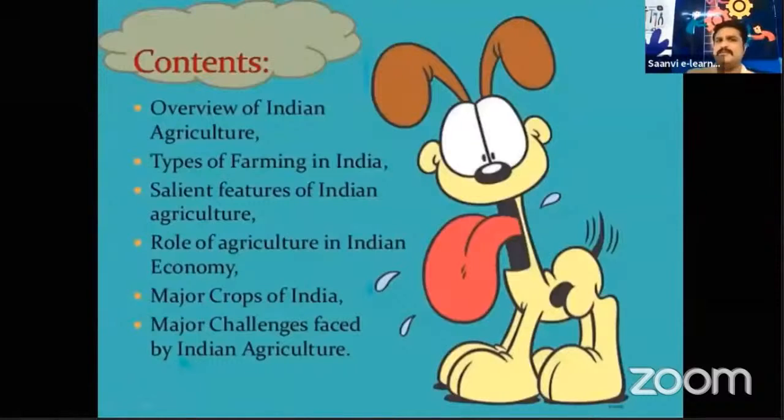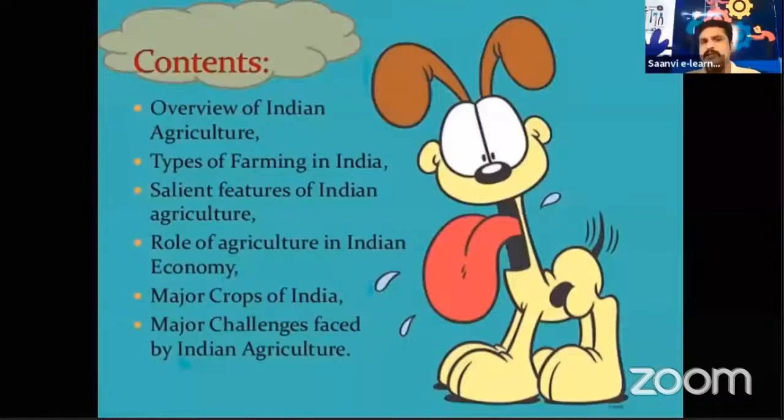Some content here: overview of Indian agriculture, types of farming in India, salient features of Indian agriculture, role of agriculture in the Indian economy, major crops of India, major challenges faced by Indian agriculture. When we end this concept, you must be able to answer all these questions.